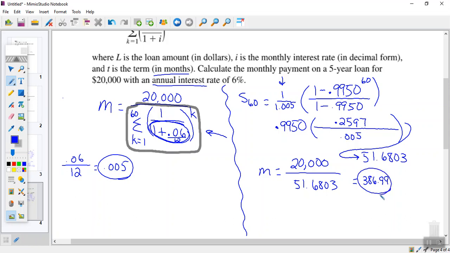Okay, that seems a little more like it to me. That's a lot of stuff. Yes, it is. Do this for me. Take that 386.99 now. Take that times 60.